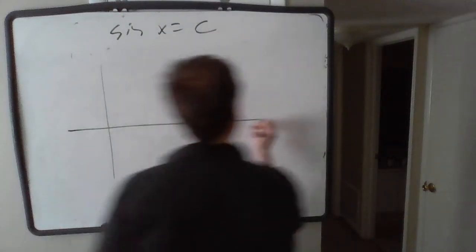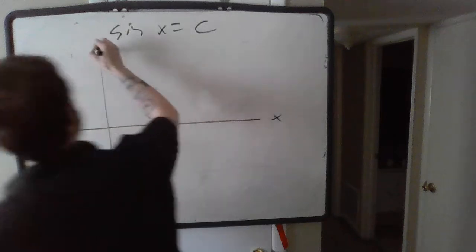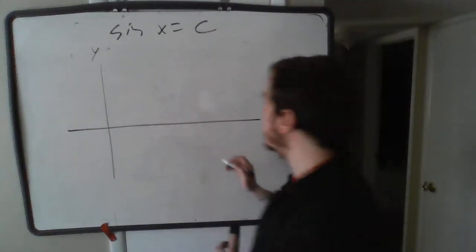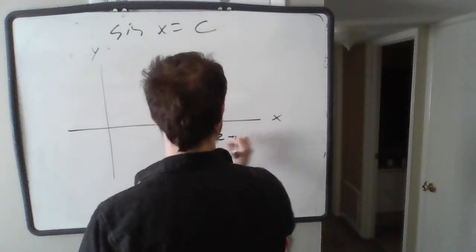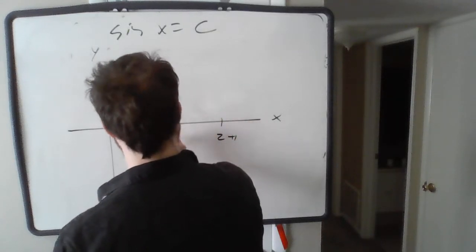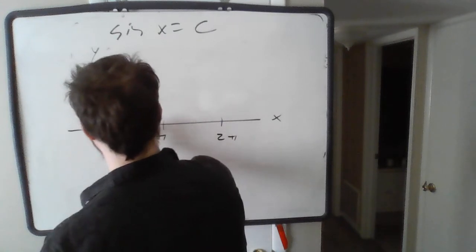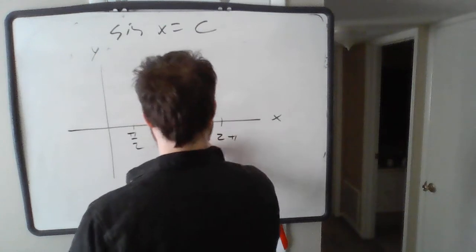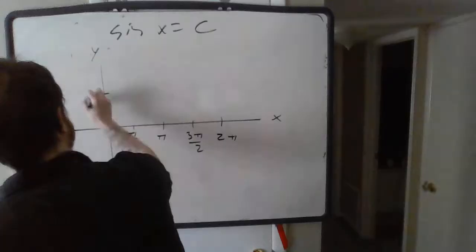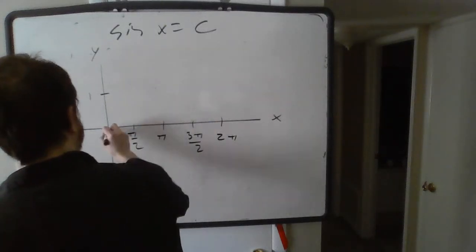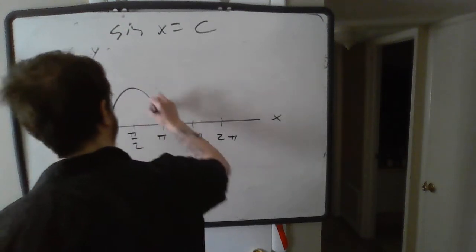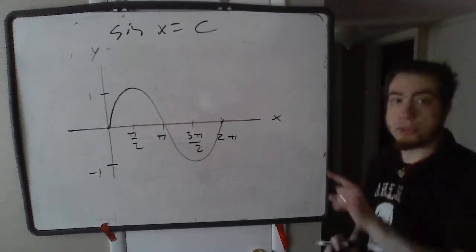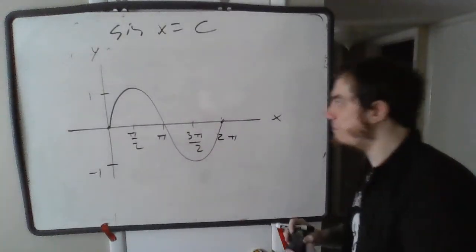I want to think about what happens over one cycle, and then what happens in general. So let's first graph one cycle of the sine function. Give me a second as I mark up my number line, and then I'm going to graph one cycle here. There we go. Okay, now there are 3 cases that can happen.